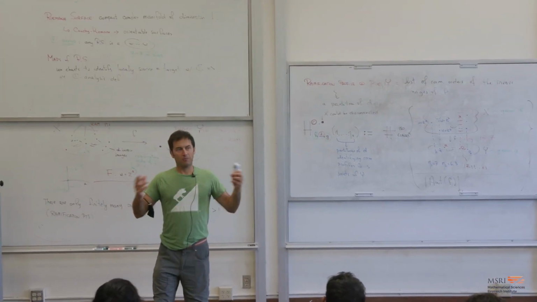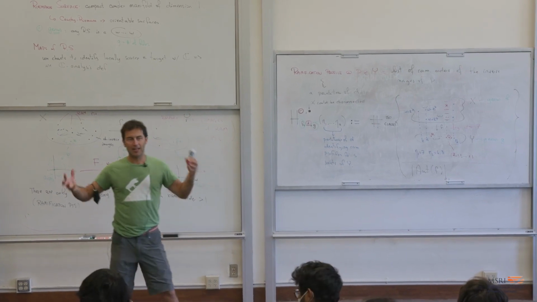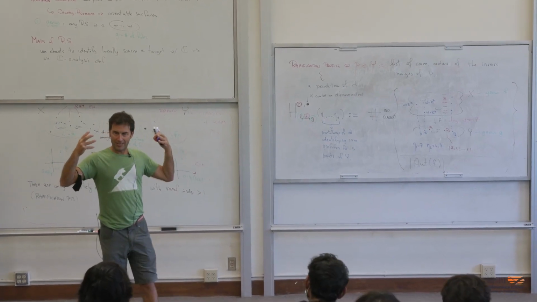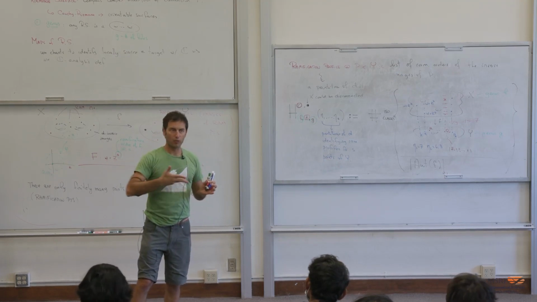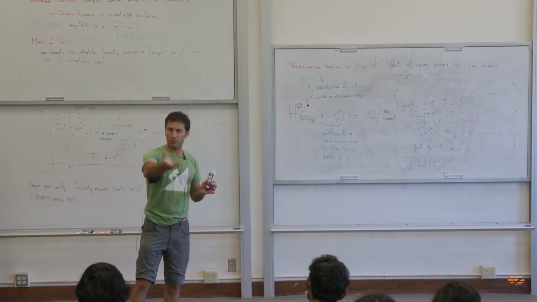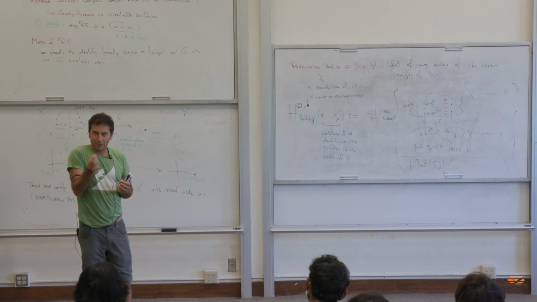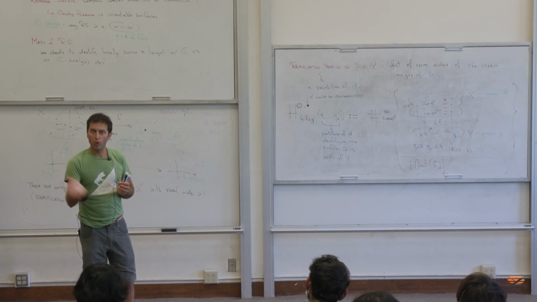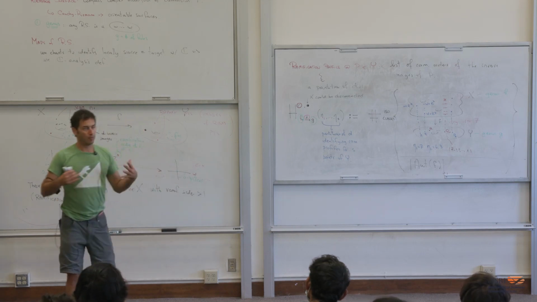Stacks are horrible things or wonderful things, depending on your point of view. But the key thing is that the geometric intuition of a stack is you'd like to take quotient spaces even when the action of a group is not nice everywhere, so not properly discontinuous. And the price to pay is that when you have stabilizers, you remember that the group got quotiented out by some automorphism group. And that's precisely what makes this theory flow.